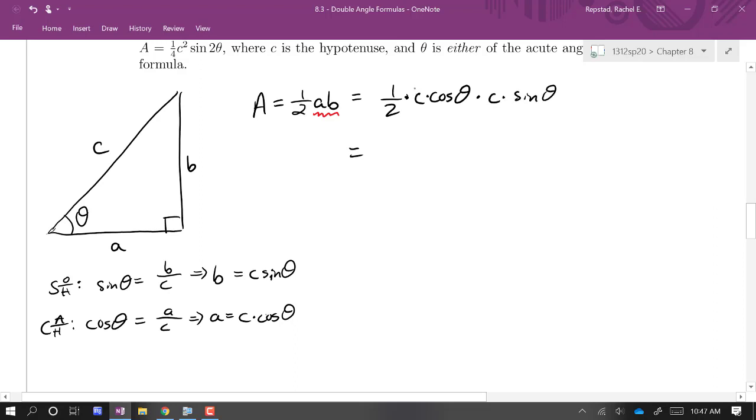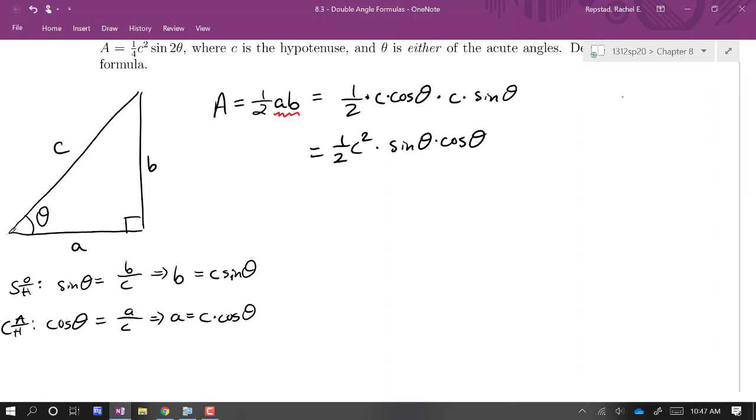Now what we have is 1/2 C squared times sine theta cosine theta. All right. So we have this product, sine theta times cosine theta, where those arguments are the same, right? They're both just theta. And what we're going to use here is the double angle formula for sine.